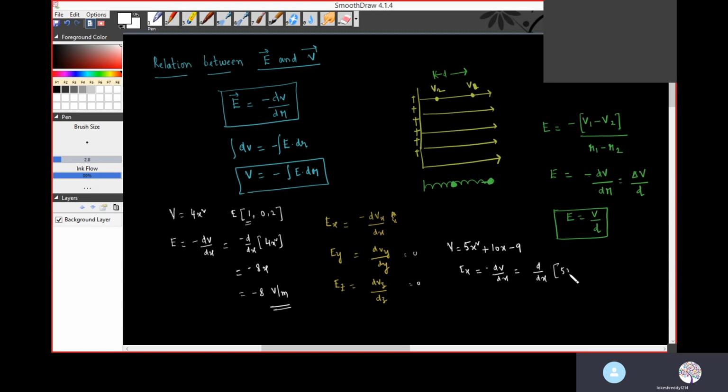So this is minus of 10x plus 10. And here, what are the values? Let us take this at x is equal to 1 meter. So this is minus of 10 plus 10, minus 20 volt per meter.